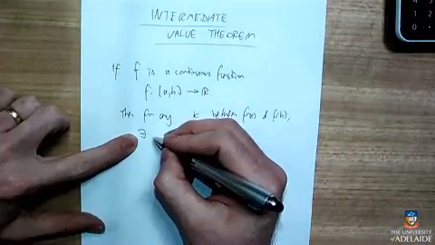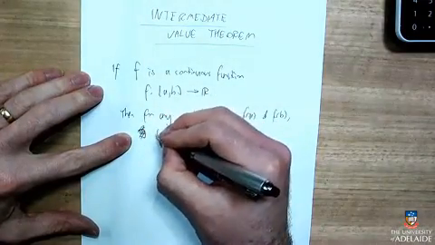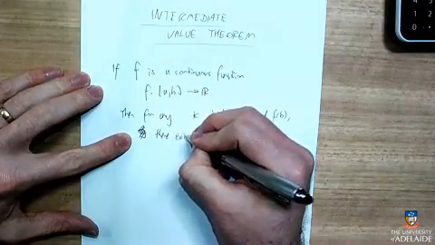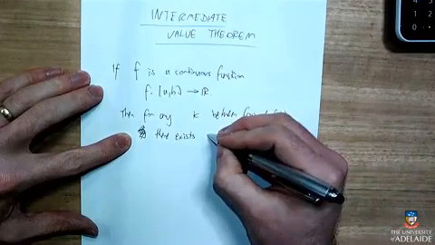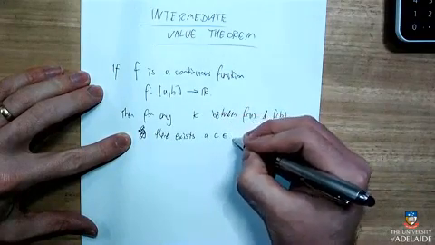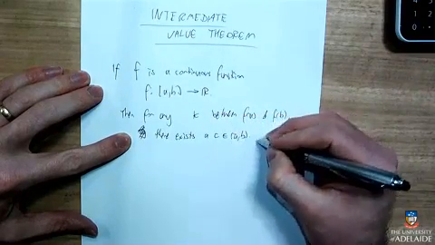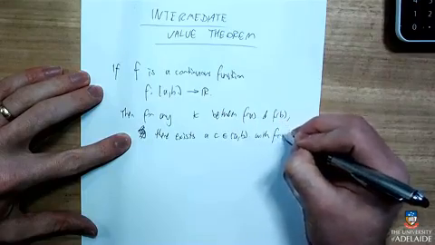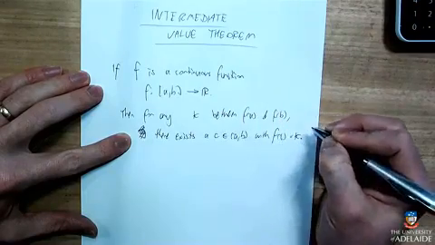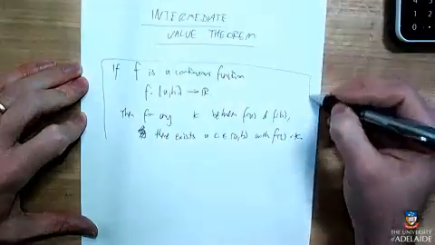It stands for there exists. There exists a c strictly between a and b with f of c equal to k.